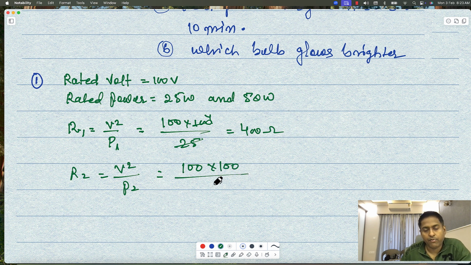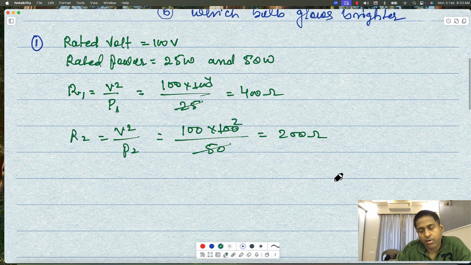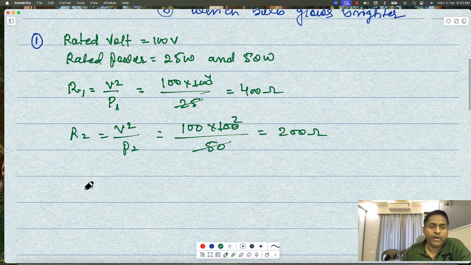This is the voltage on which resistance is calculated. So 100 times 100 divided by 50 is 2 times 100, which gives you 200 ohm. So these are the resistances of the 25 watt bulb and the 50 watt bulb.